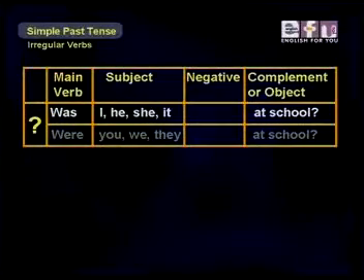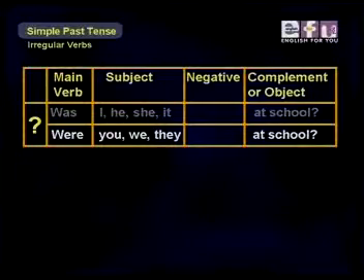Now with questions, we change it. Was I, she, he, it at school? Was I at school? Or were you, were they, you, we, they at school? Were you at school?